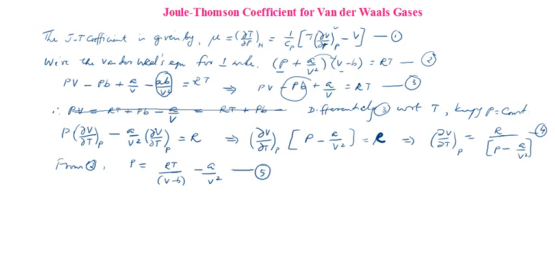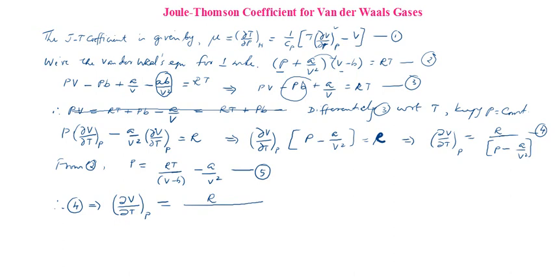Now let's use equation number 5 in equation number 4. So equation number 4 is modified as dou V by dou T at P, which is equal to R divided by P minus A by V square.